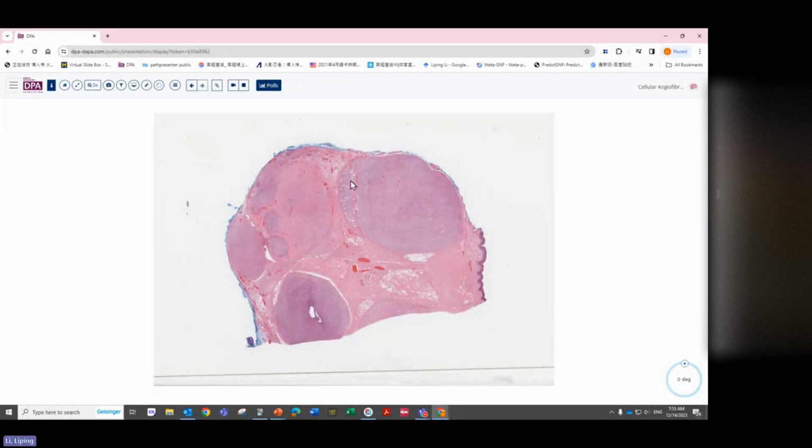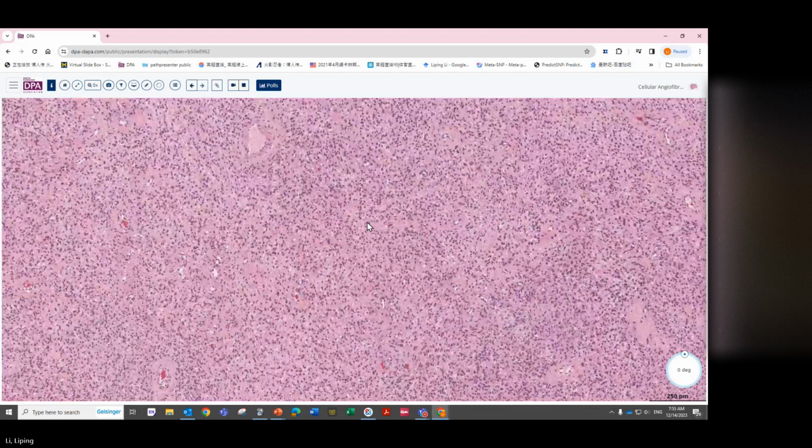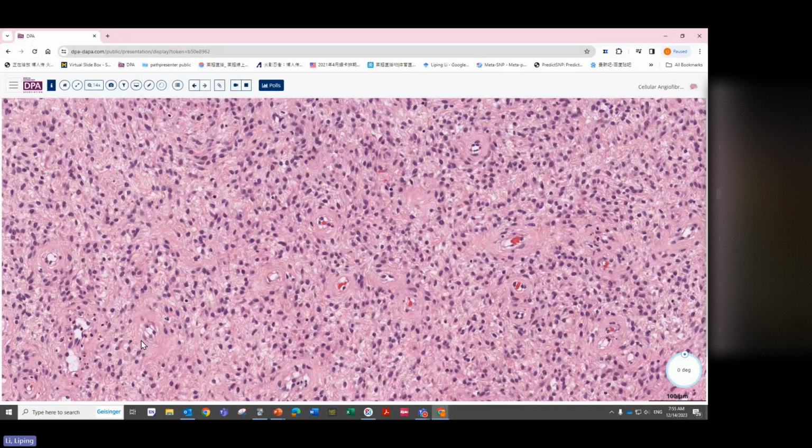Another one: multiple nodules separated by these fibrous septae. This one we can see entrapping some adipocytes here, and it is really hypercellular. Zoom in to see this vessel wall, a really thick hyaline-walled vessel.